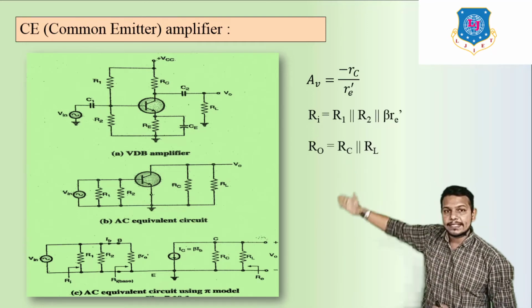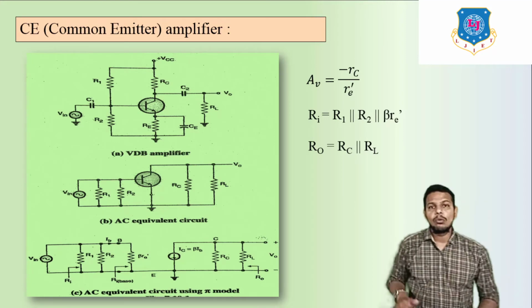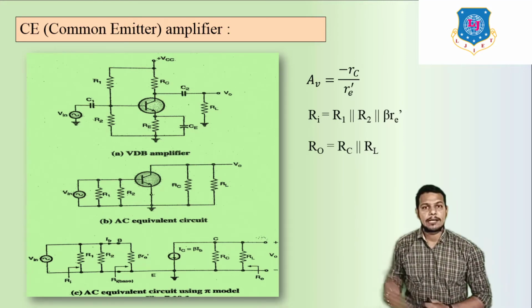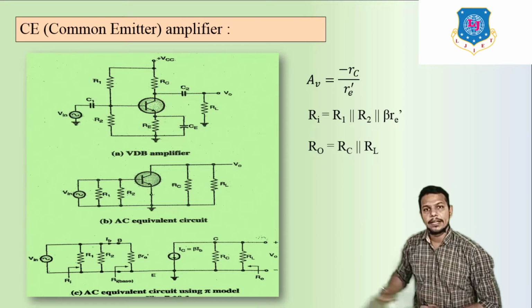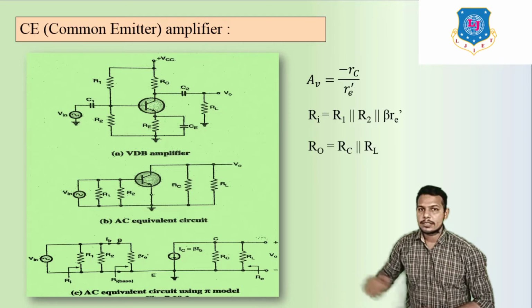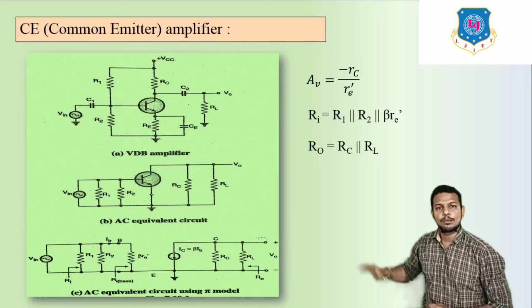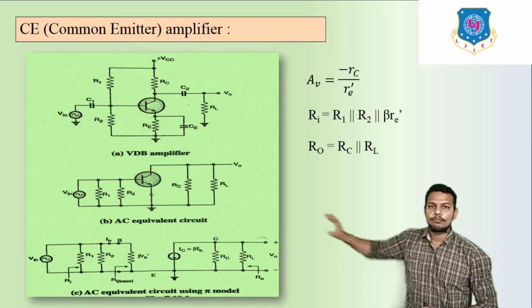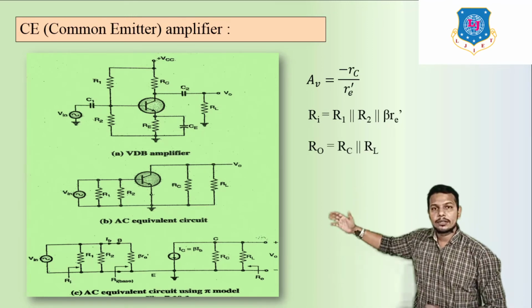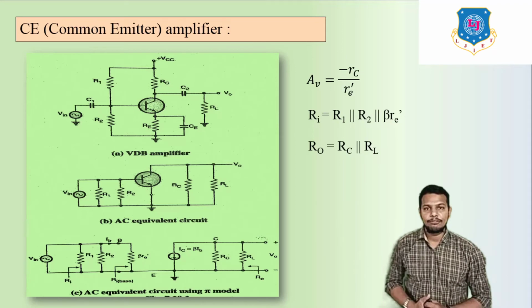For the AC equivalent circuit, we remove all capacitors from the main circuit diagram. And this is the pi model AC equivalent circuit, where we put the pi model instead of the NPN transistor. So this is the common emitter amplifier.